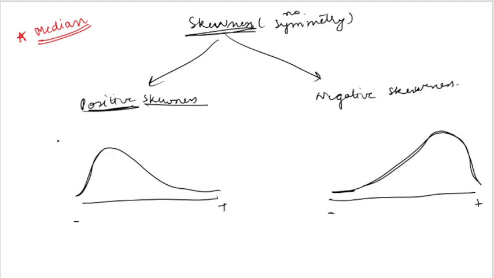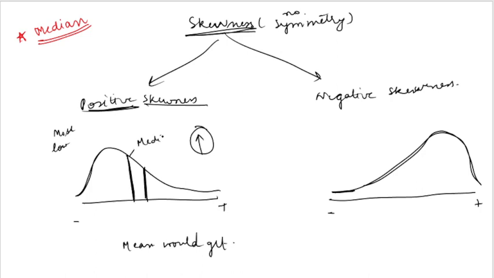For example, most of the people scored really low, but a few people would have a very high score, and due to these people our mean would get compromised and shifted towards the positive side, even though it should be towards the negative side because most of the people got low scores. So here the median or the midpoint is going to be the best indicator for central tendency, and the mode is here. Most of the cases are here.